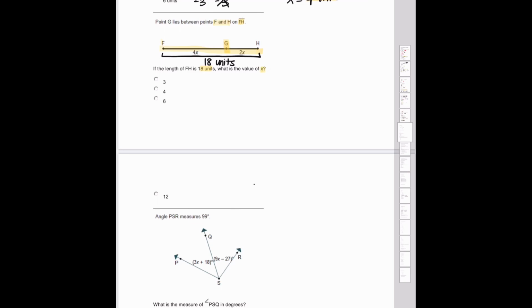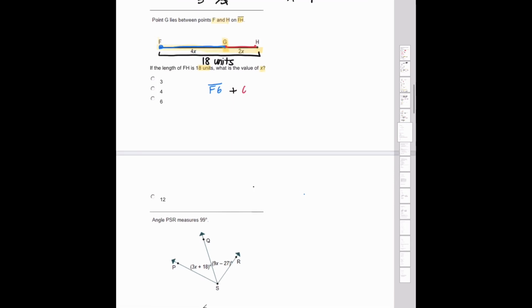What we know from the segment addition postulate is that if we add FG plus GH, we can solve for the entire measure of FH.